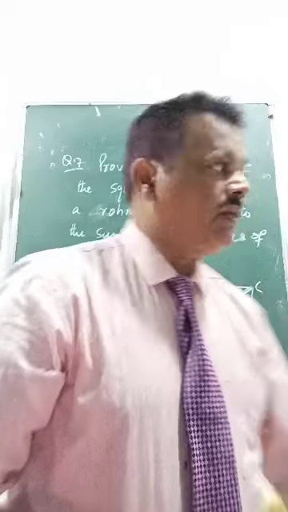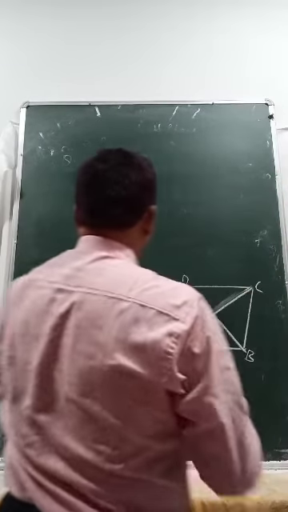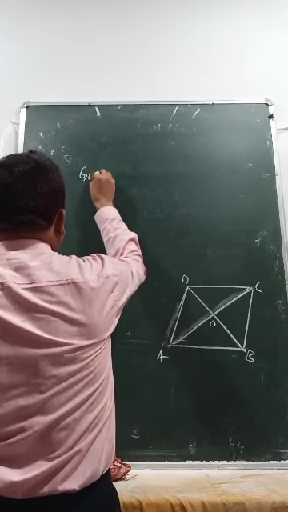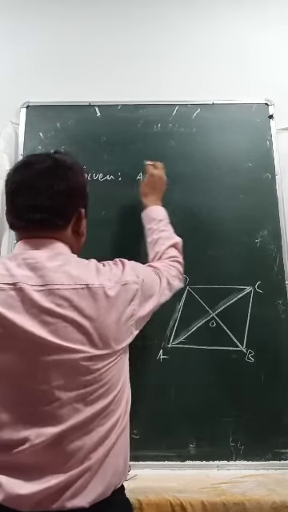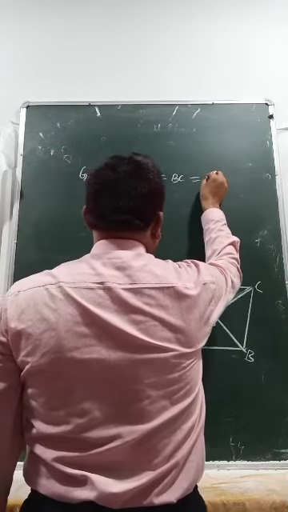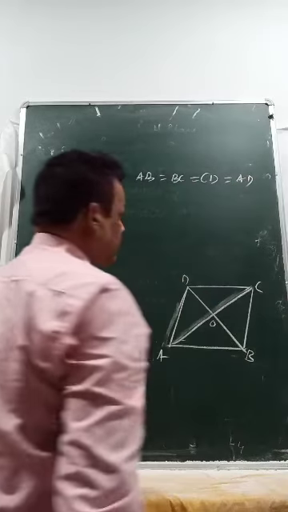ABCD is a rhombus means, given, AB equals BC equals CD equals AD. All sides are equal.